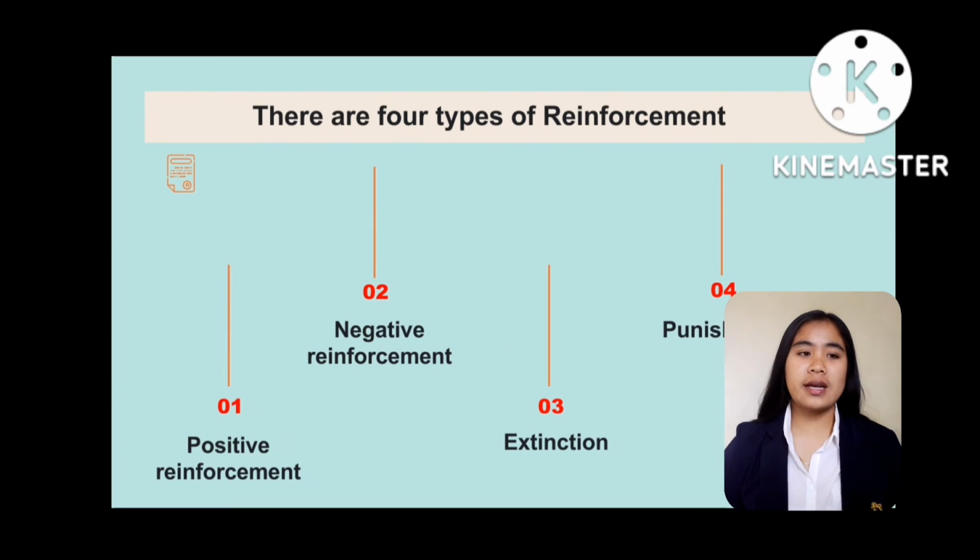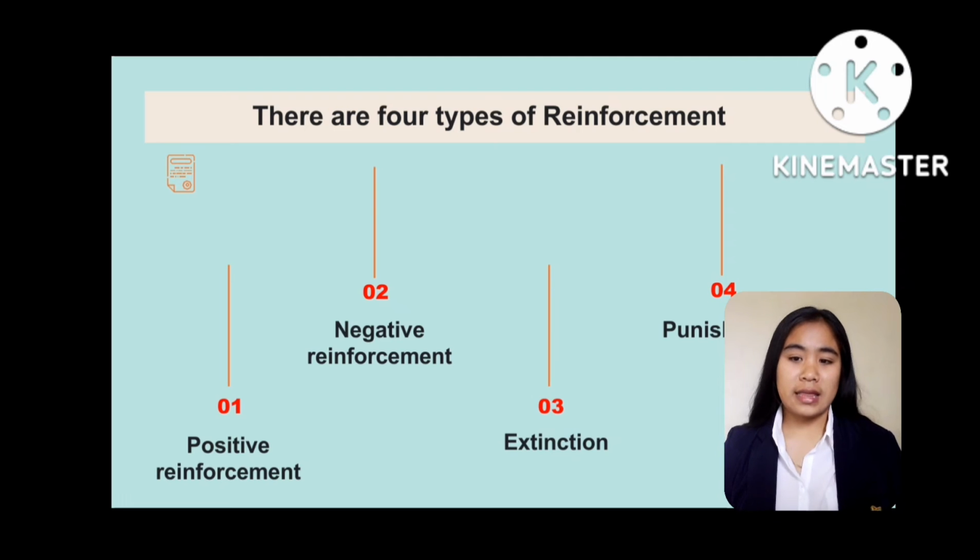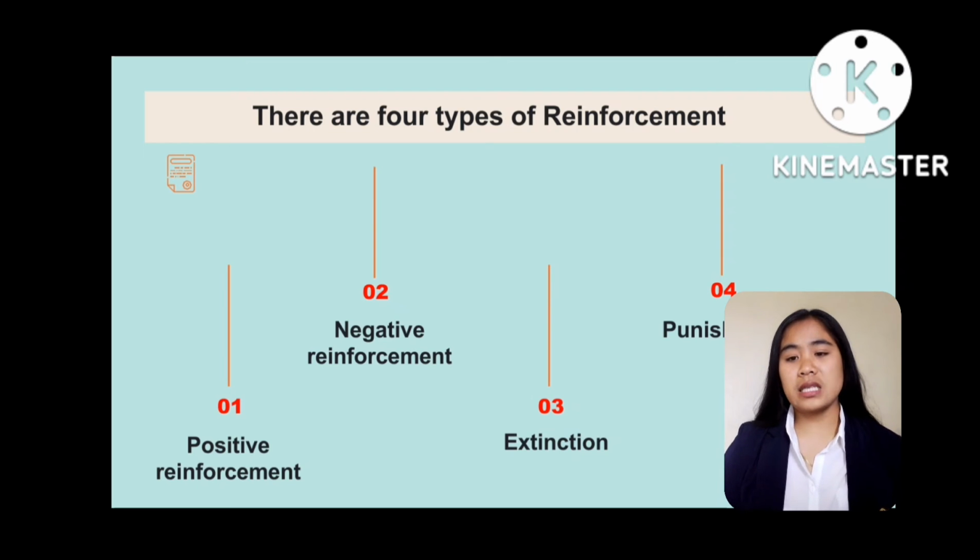Okay, the next material is there are four types of reinforcement. The first is positive reinforcement, the application of a positive reinforcer. The second is negative reinforcement, the practice of removing something negative from the space of the subject as a way to encourage the attention behavior from that subject.